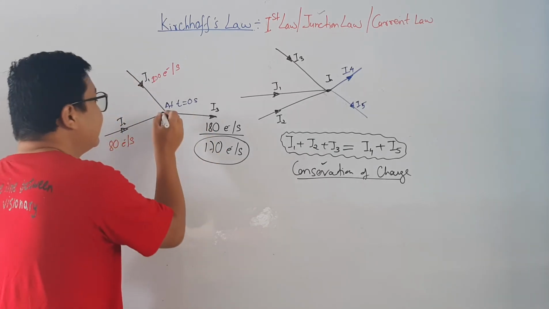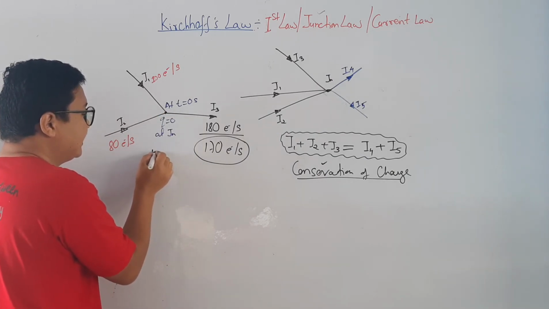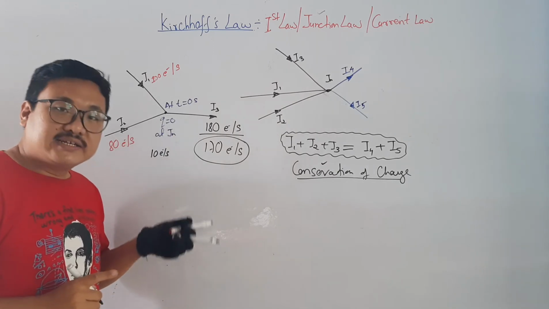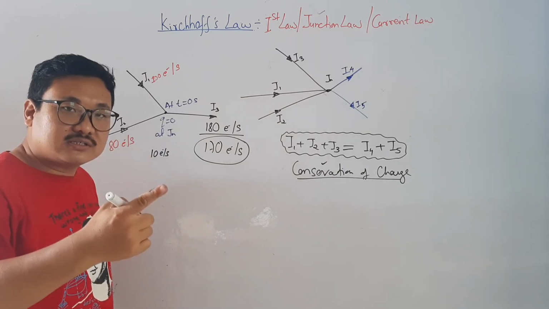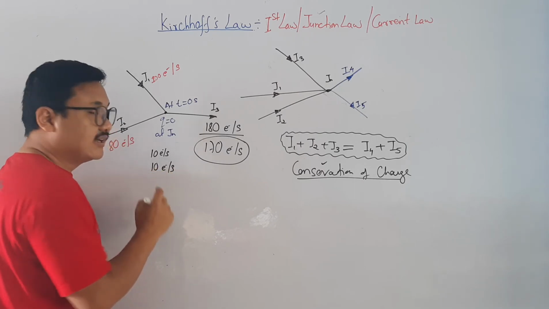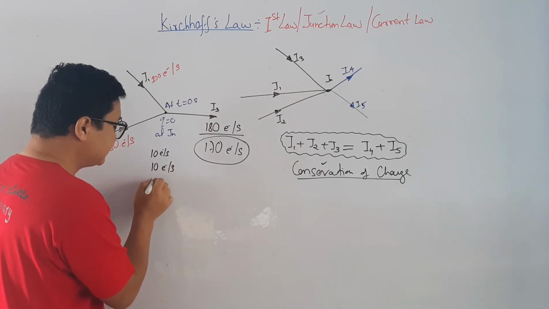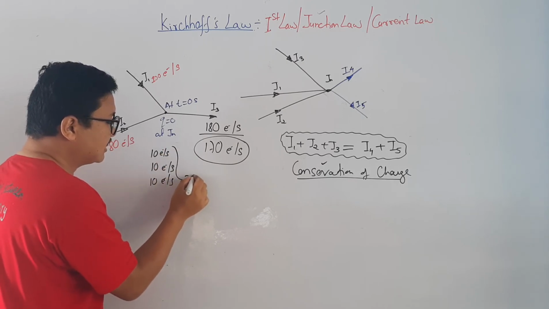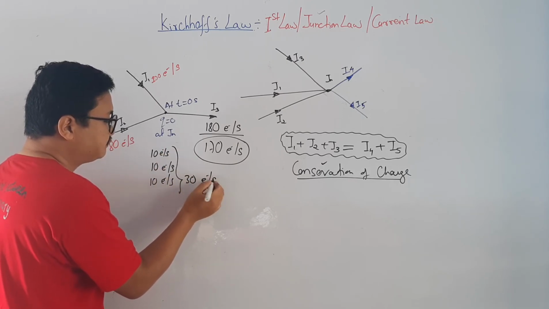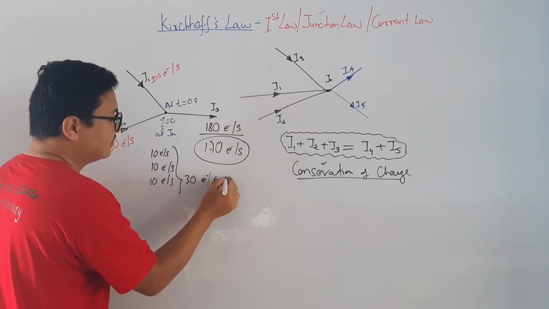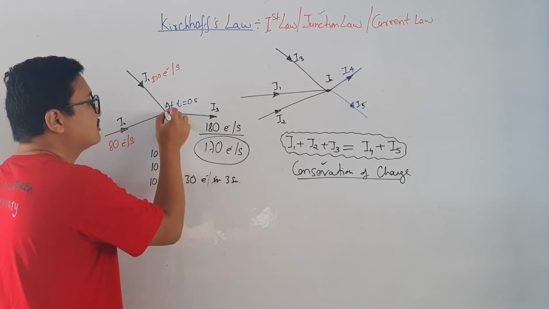It means that at this junction 10 electrons per second are accumulating. In another second there will again be 10 electrons per second, and in 1 more second another 10. So in 3 seconds there will be 30 electrons at this point.